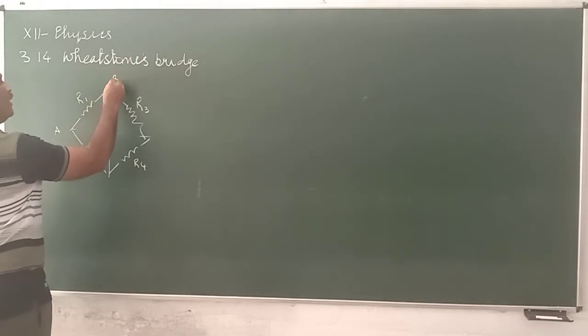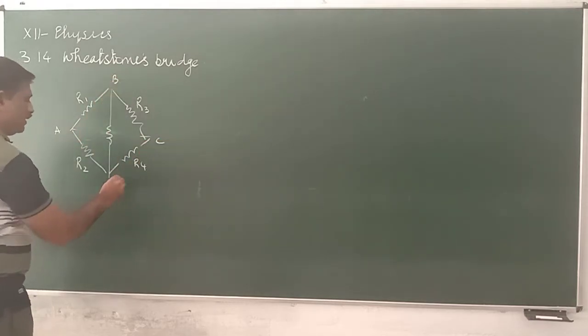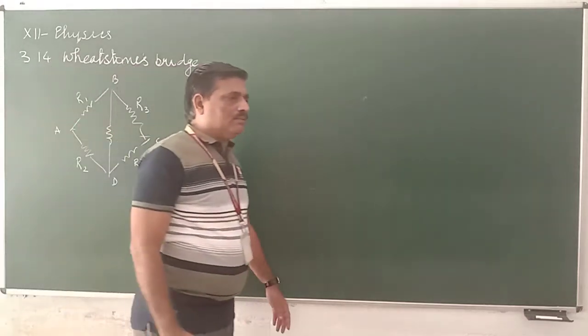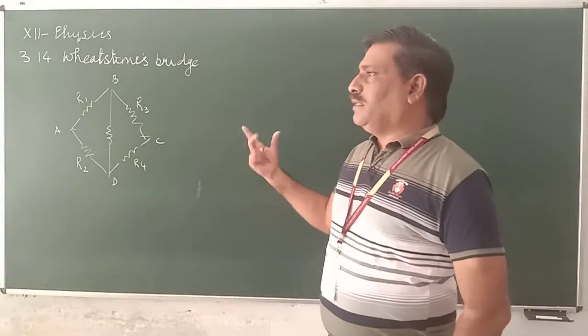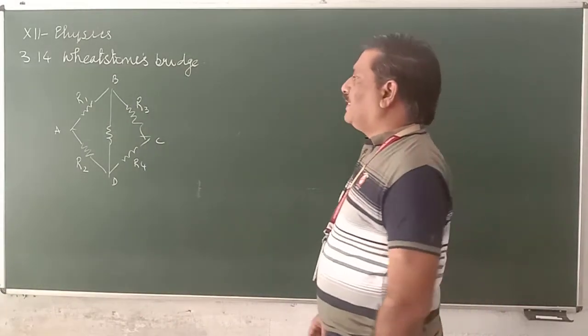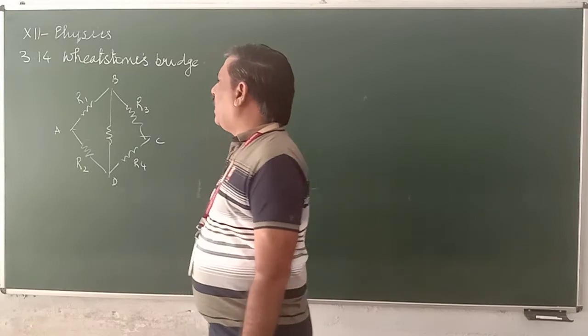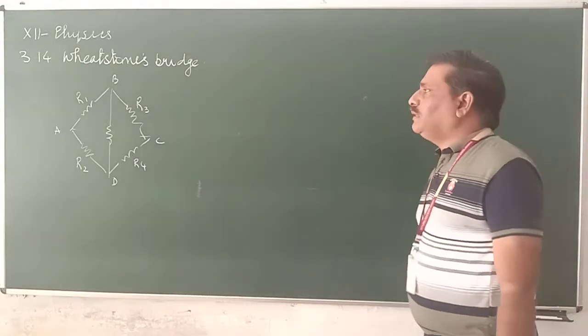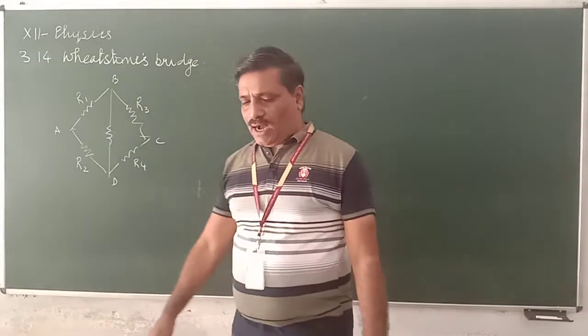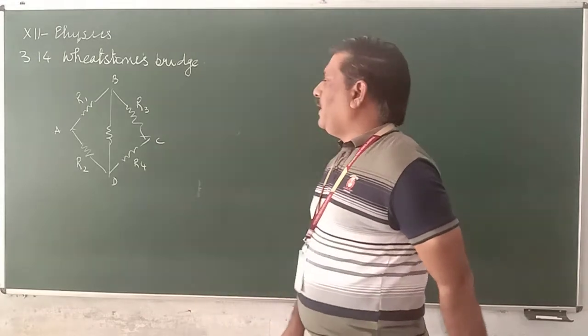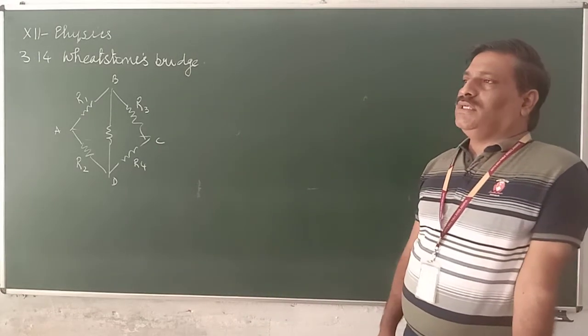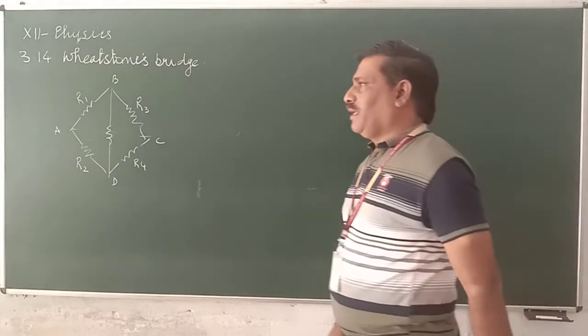A, B, C, D are the four corners. Four different resistors are connected. Along AB it is R1, along BC it is R3, along AD it is R2, along DC it is R4.